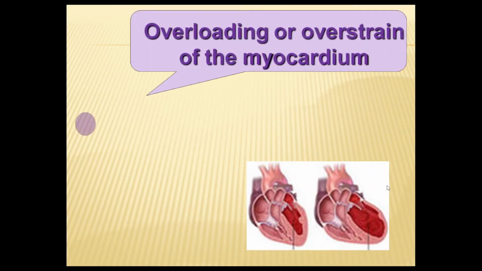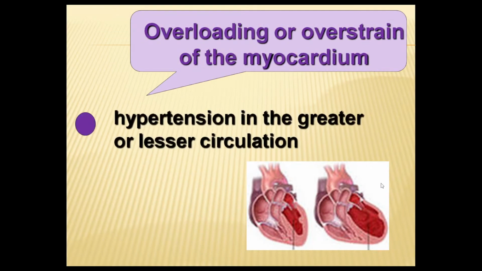We spoke about overloading and overstrain of the myocardium, when the primary healthy heart is unable to adequately eject some blood volume. First of all, due to hypertension in the greater circulation, which provokes left ventricular failure, or in the lesser circulation, right ventricular failure.